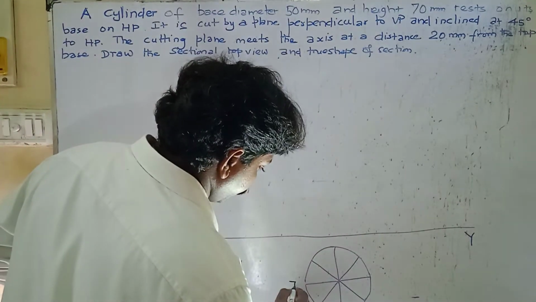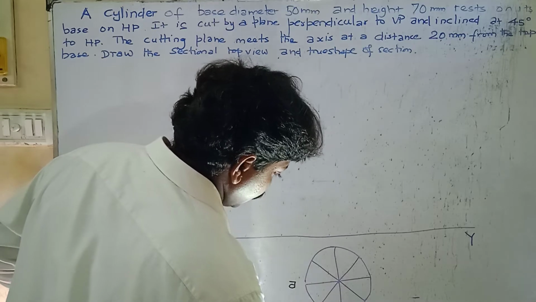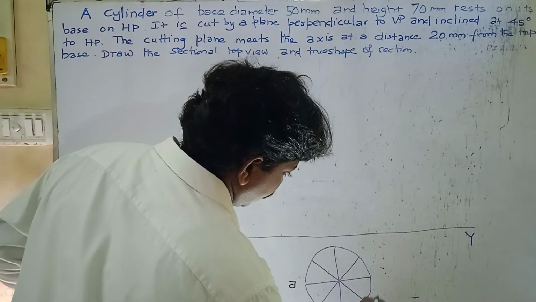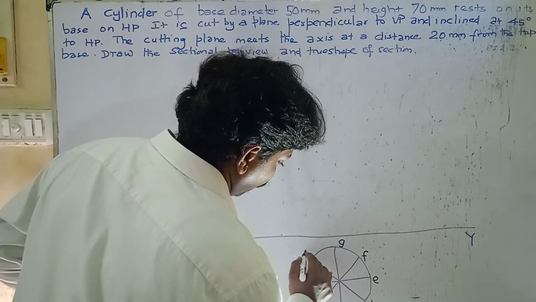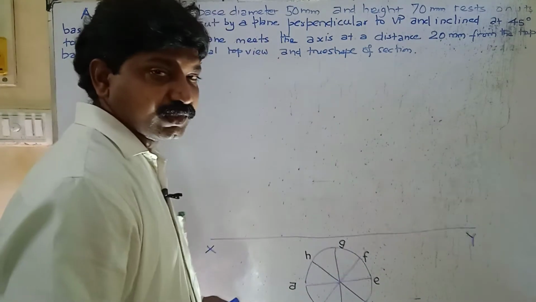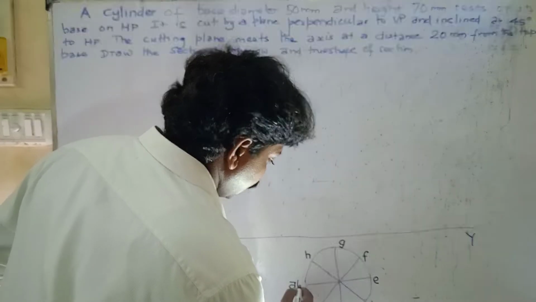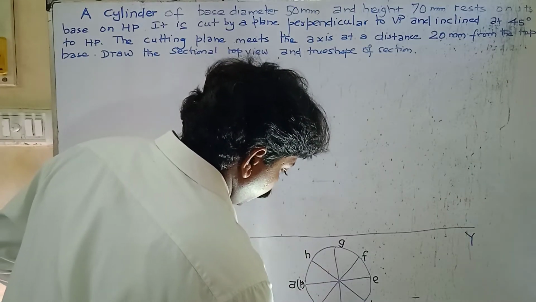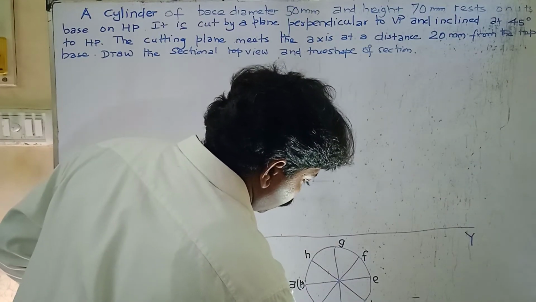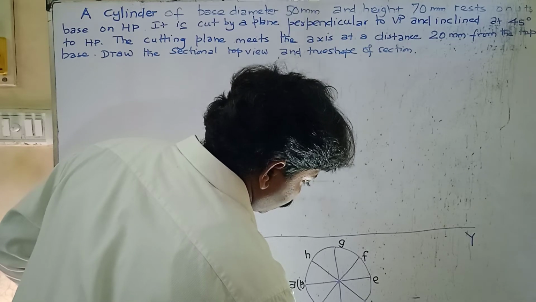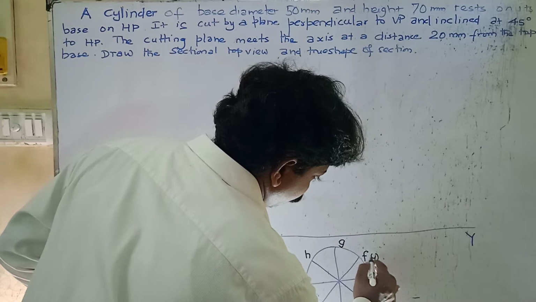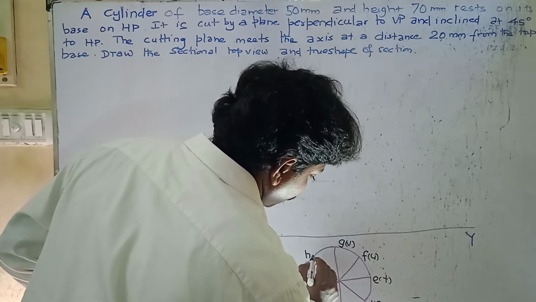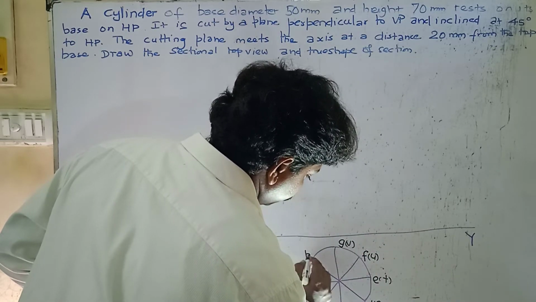A, B, C, D, E, F, G, H represent the top base. Bottom base P, Q, R, S, T, U, V, W.